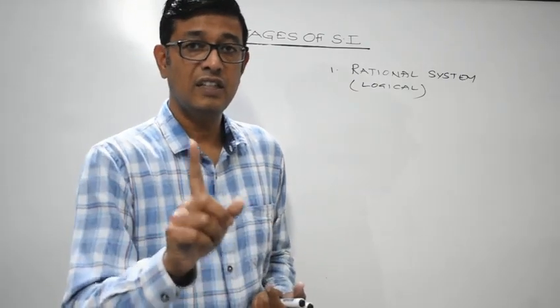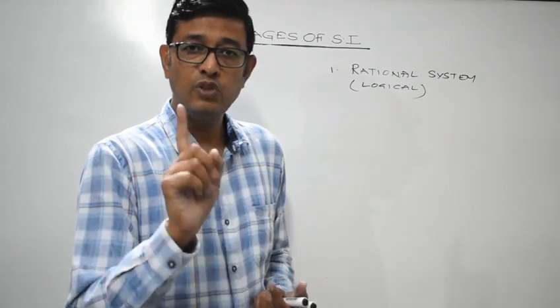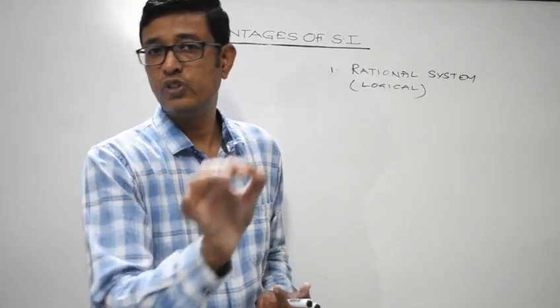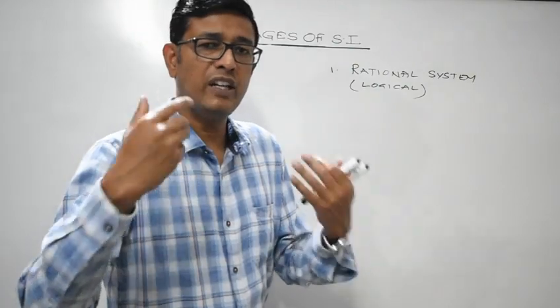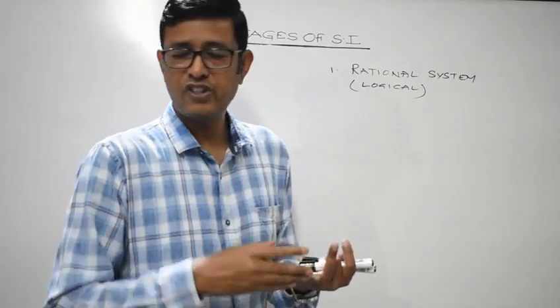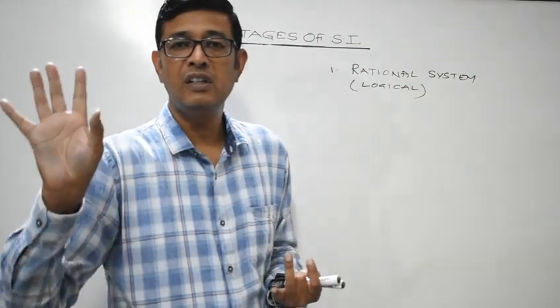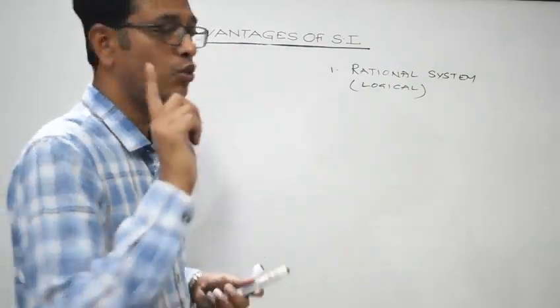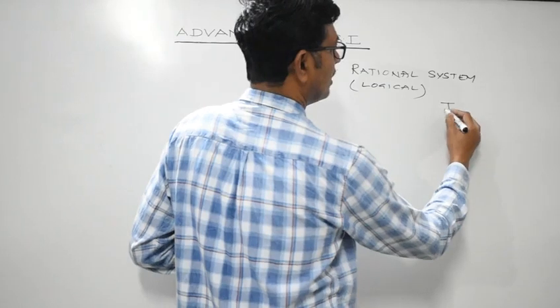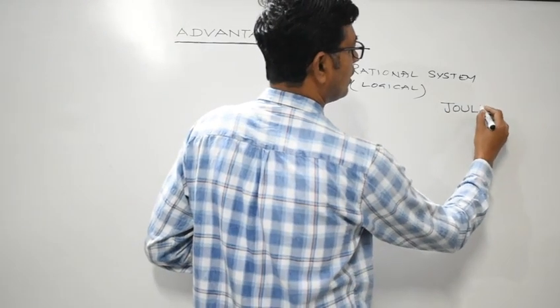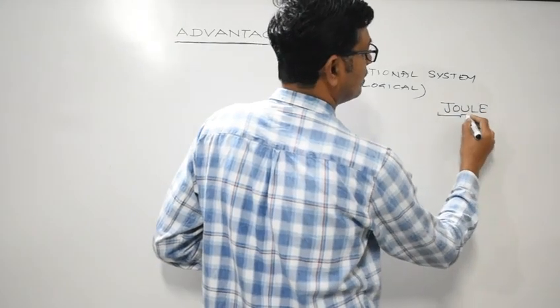In the SI system, we use only joule as the unit of energy. Energy can be of any form: chemical energy, nuclear energy, electrical energy, heat energy, any form of energy. Its SI unit would be joule. So in SI, the only unit which we assign is joule.